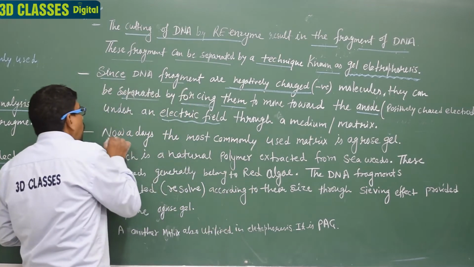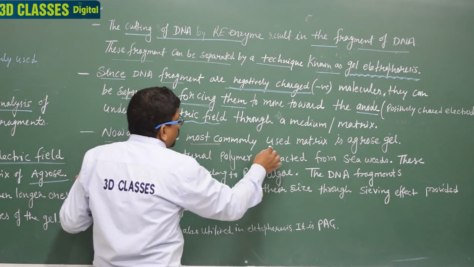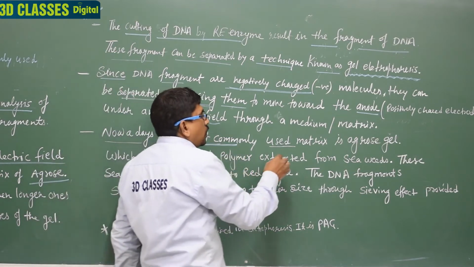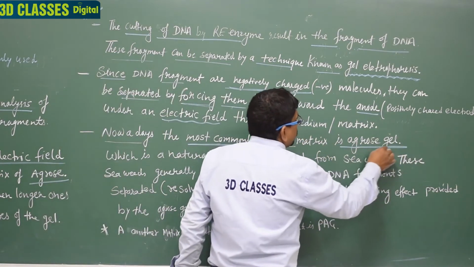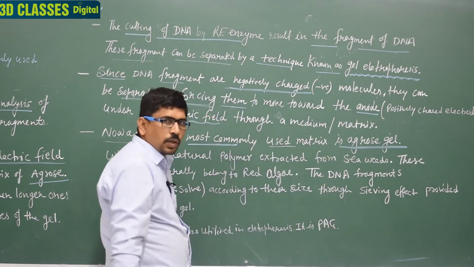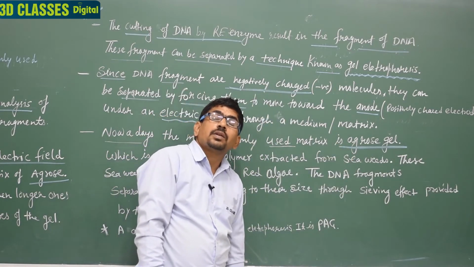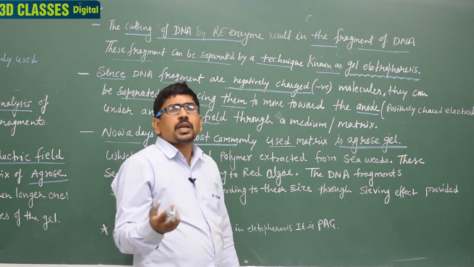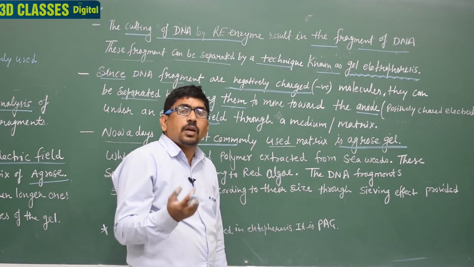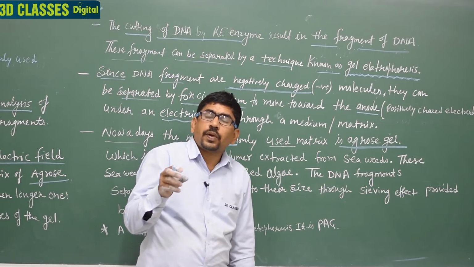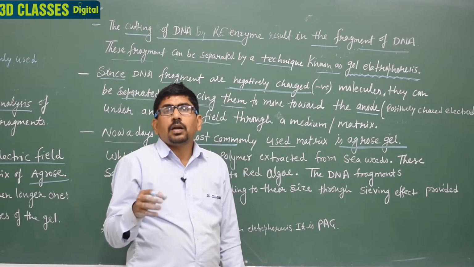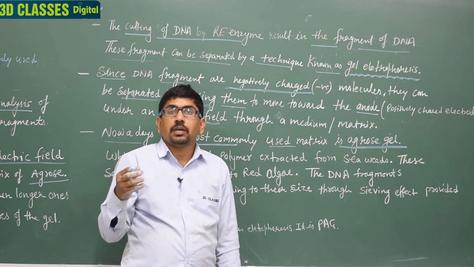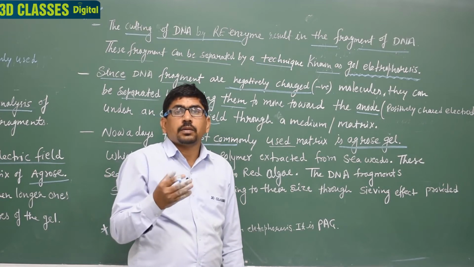Nowadays the most commonly used matrix is agarose gel. The agarose gel is utilized as a matrix in gel electrophoresis. Clear? Another type of gel is also required in electrophoresis because the gels are of different types, and on the basis of the DNA fragment length, the size of the DNA, we utilize the gel.